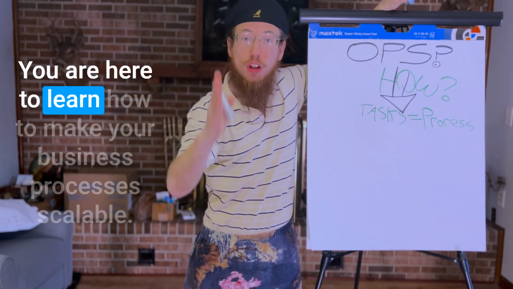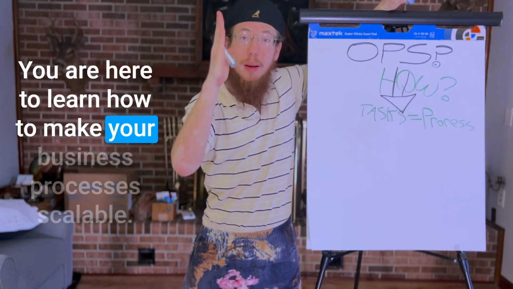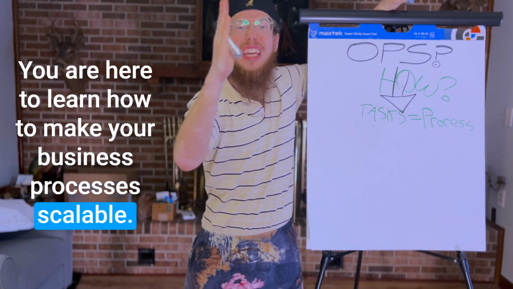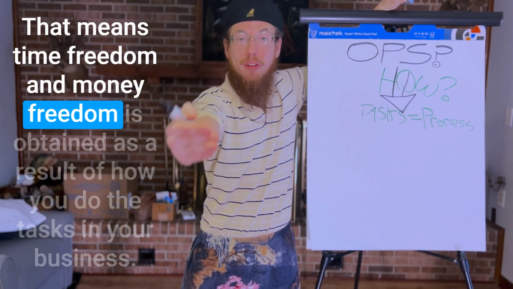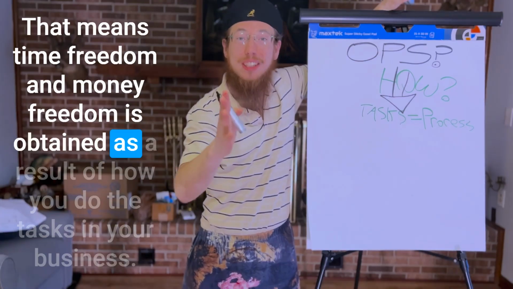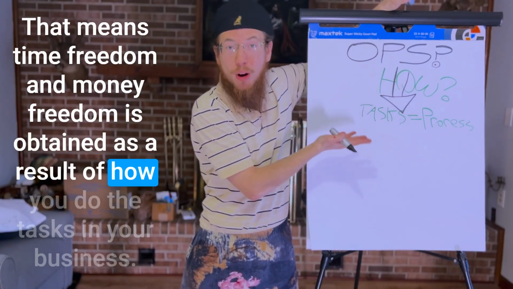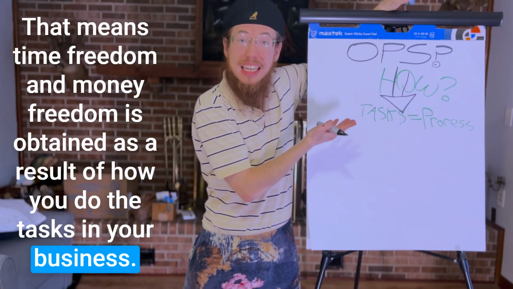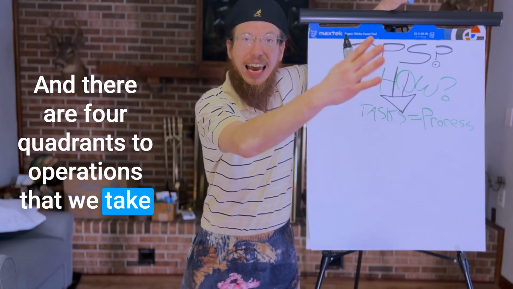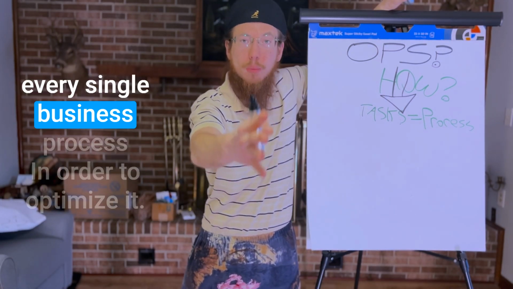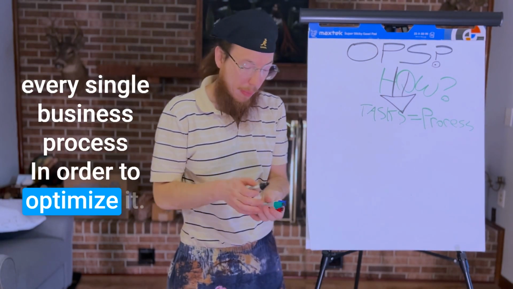You are here to learn how to make your business processes scalable. That means time freedom and money freedom is obtained as a result of how you do the tasks in your business. And there are 4 quadrants to operations that we take every single business process through in order to optimize.